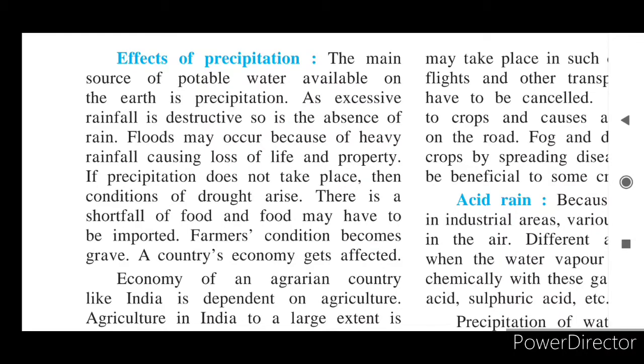So here it is saying that due to the drought situation, people will not get food to eat, and it is the worst condition for the farmers if there is drought or heavy rainfall, because in both conditions their crops will not survive. So here it is saying that as India is an agricultural country, it will affect the economy of our country.